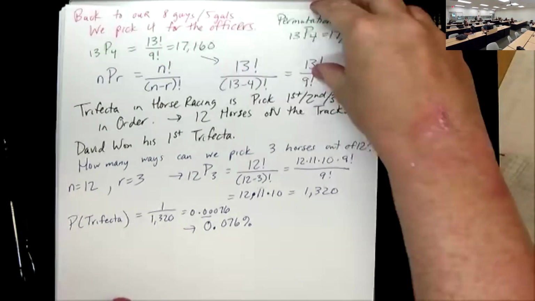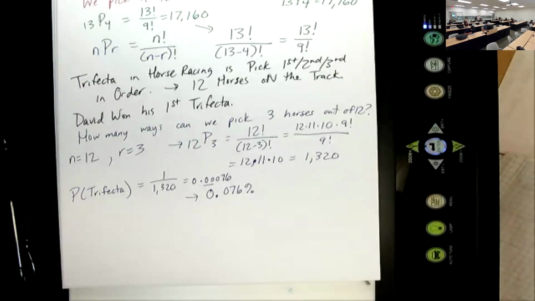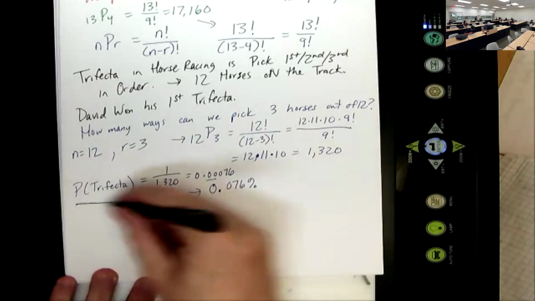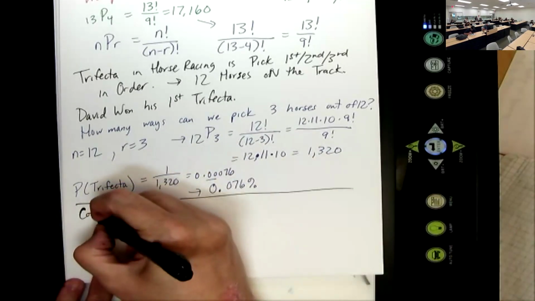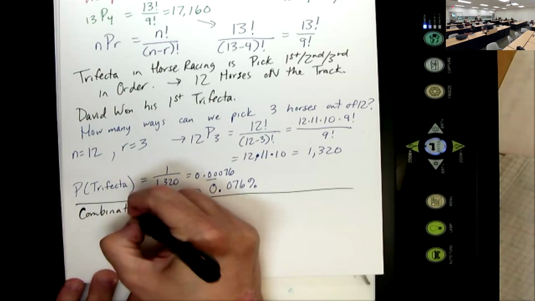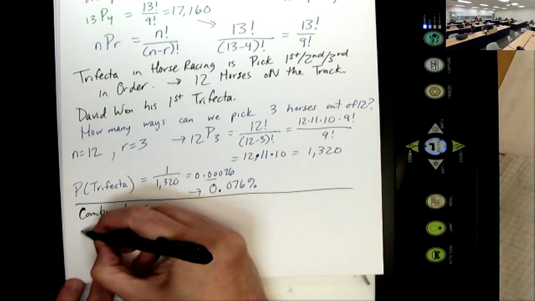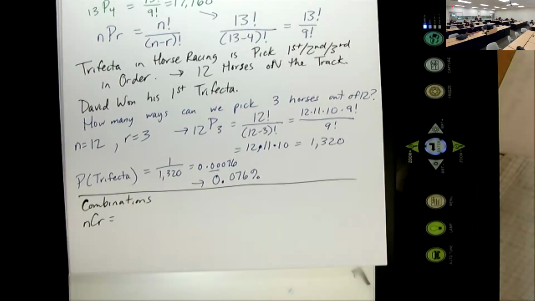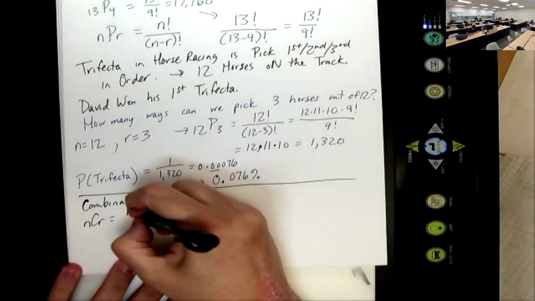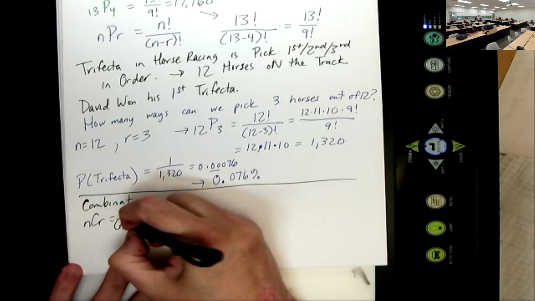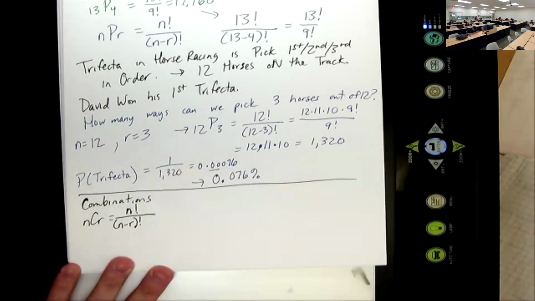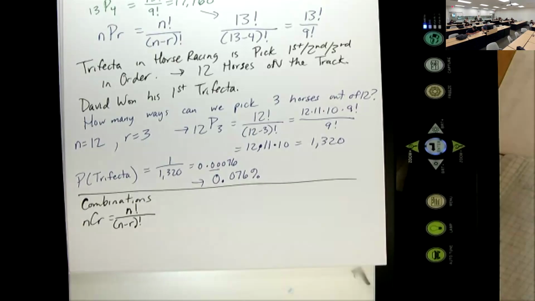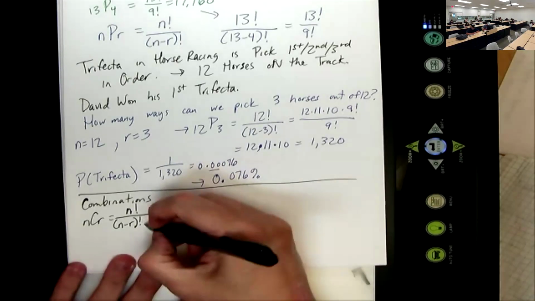Combinations. In combinations, order doesn't matter. How does it change our formula? nCr is a lot like nPr. We have n factorial, we have n minus r factorial on the bottom, but we also have r factorial.